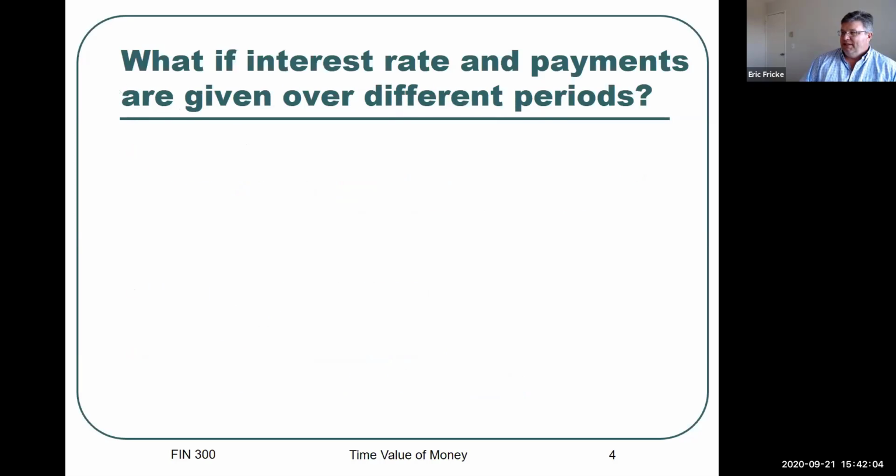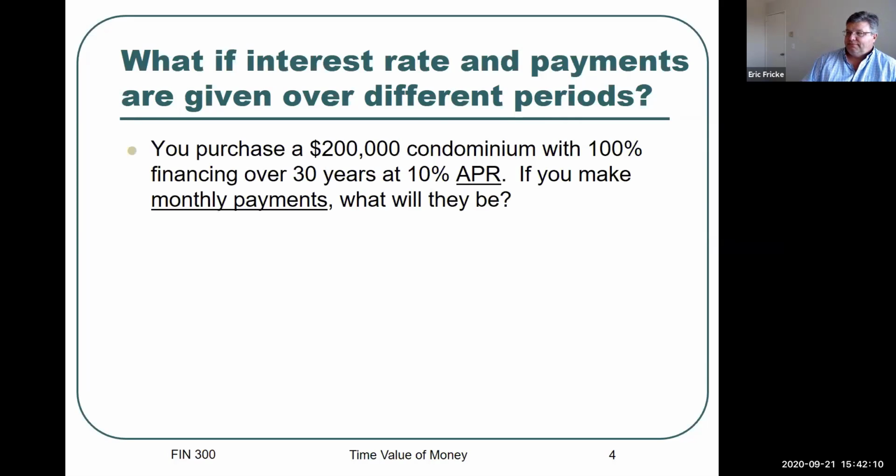Let's look at something new now. What if the interest rate and the payments are given over different periods? So I changed the problem. Now it's still a $200,000 condo with 100% financing over 30 years, but now we're given a 10% APR, and we're making monthly payments.